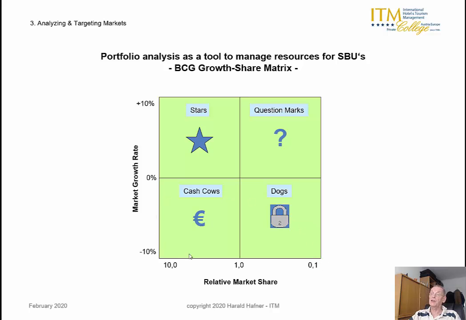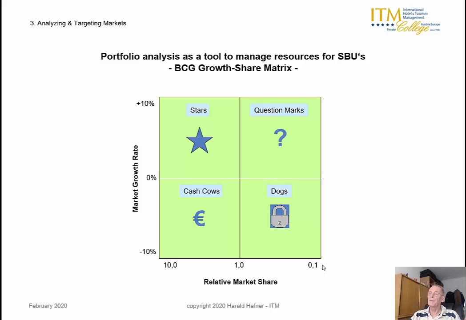We have cash cows, which have a low market attractiveness and a high relative market share. And we have dogs, which are referred to as products which have a low relative attractiveness and a low competitive ability.